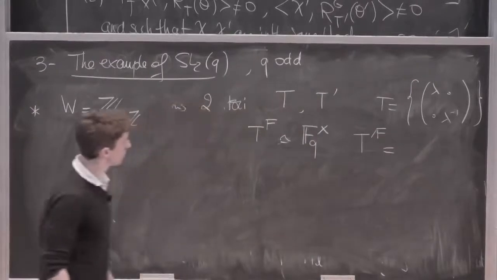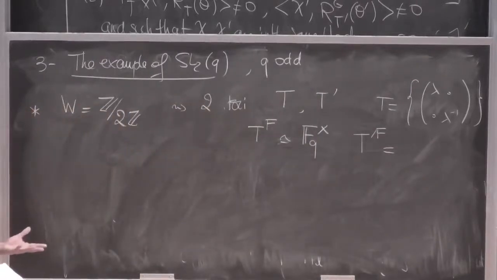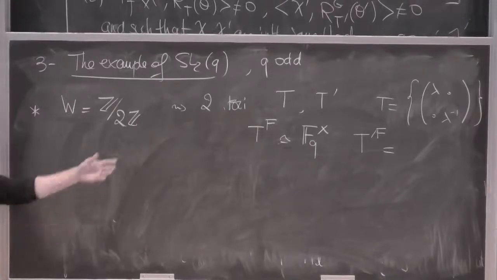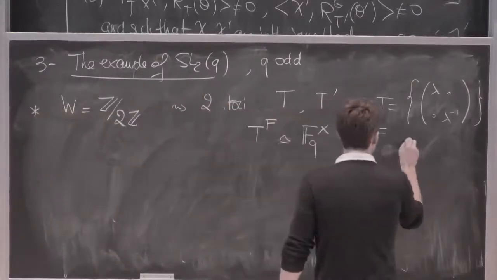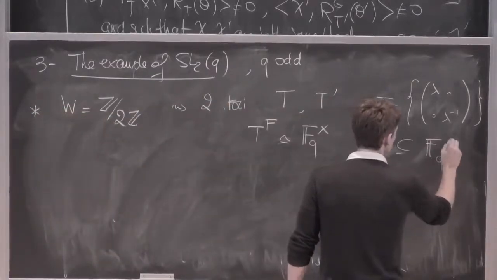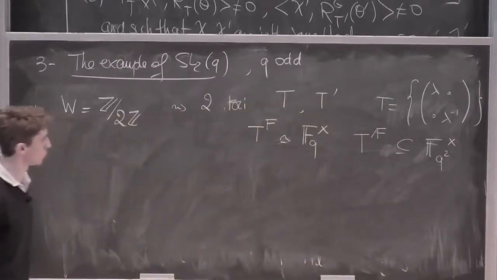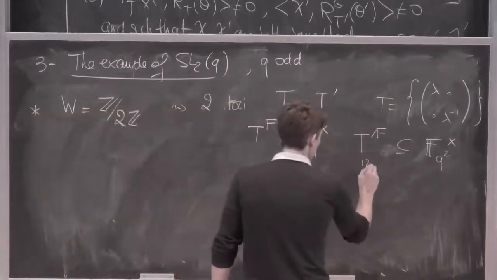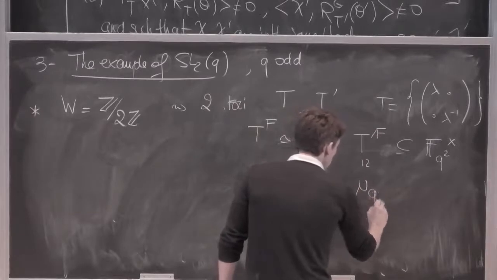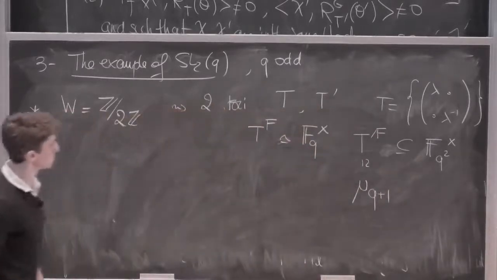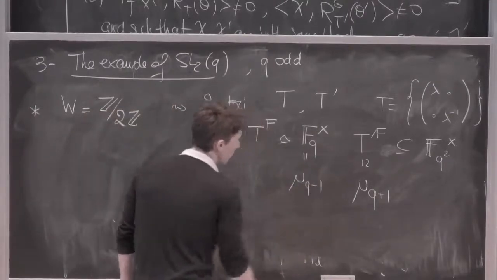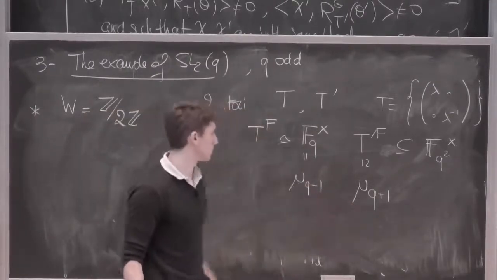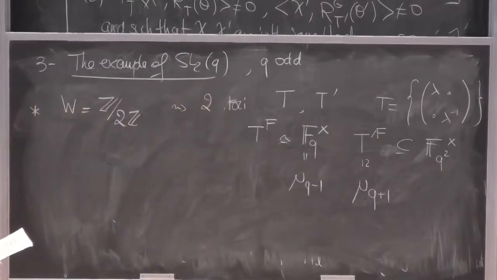So I think that he gave the example in GLN on how you can see GL1 of Q to the N inside GLN of Q. So here inside GL2 of Q, you can see F_Q squared. And when you restrict to SL2, what you obtain is the group of Q plus 1 roots of unity. So this is a cyclic group of order Q minus 1, and this one of order Q plus 1. Okay, so that's these two tori.